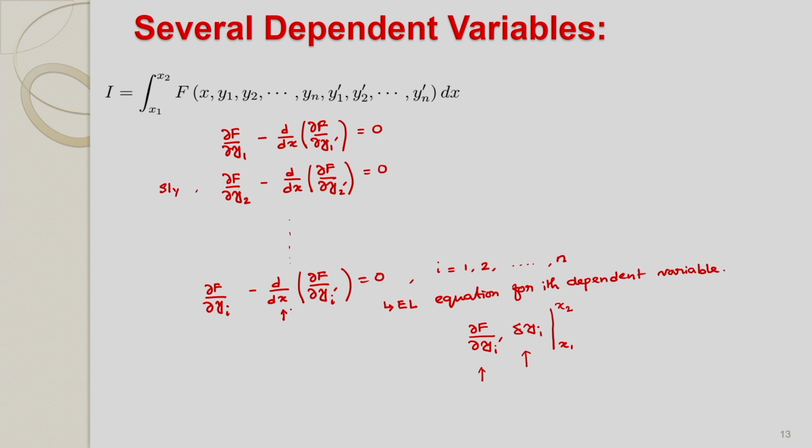So, here if you see, independent variable is t and this is x1 dot.